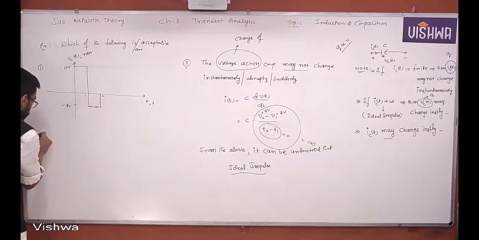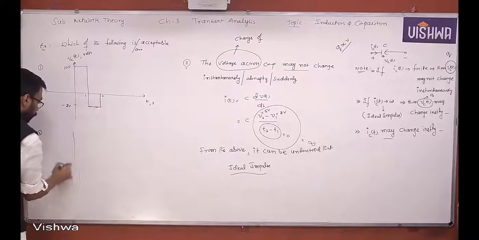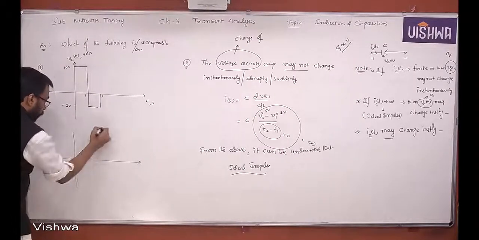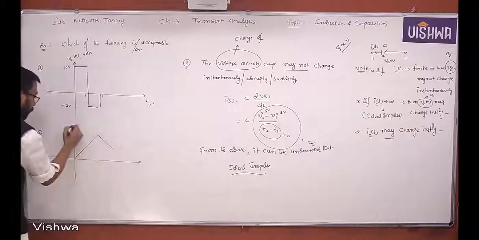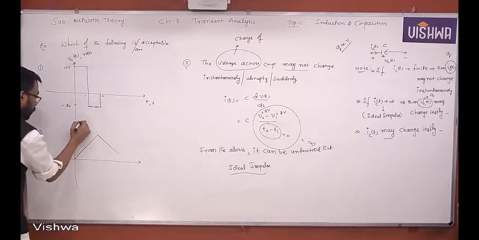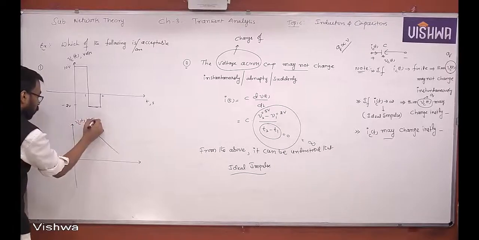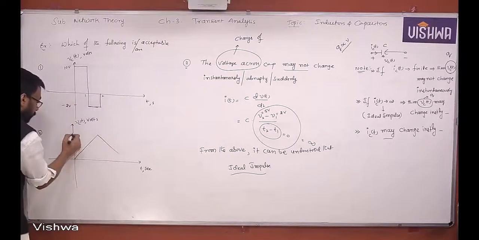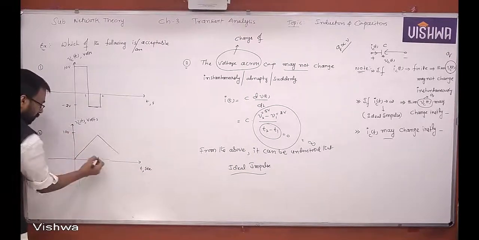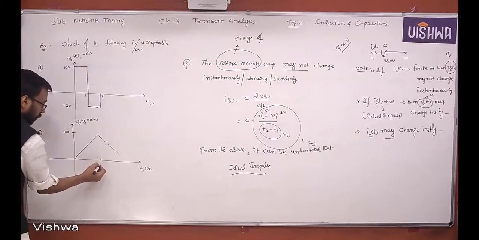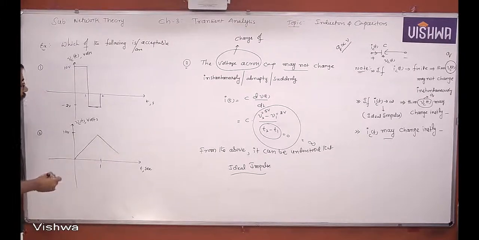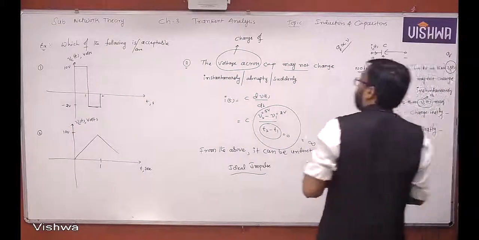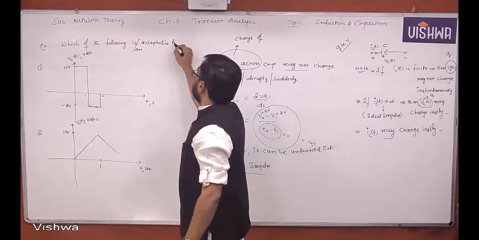Second one is VC of t, again in volts. Please note, time t is in seconds. It is some 10 volts, let us say, at some 1 second or 2 seconds, something like that. Which of these is acceptable to the capacitor?